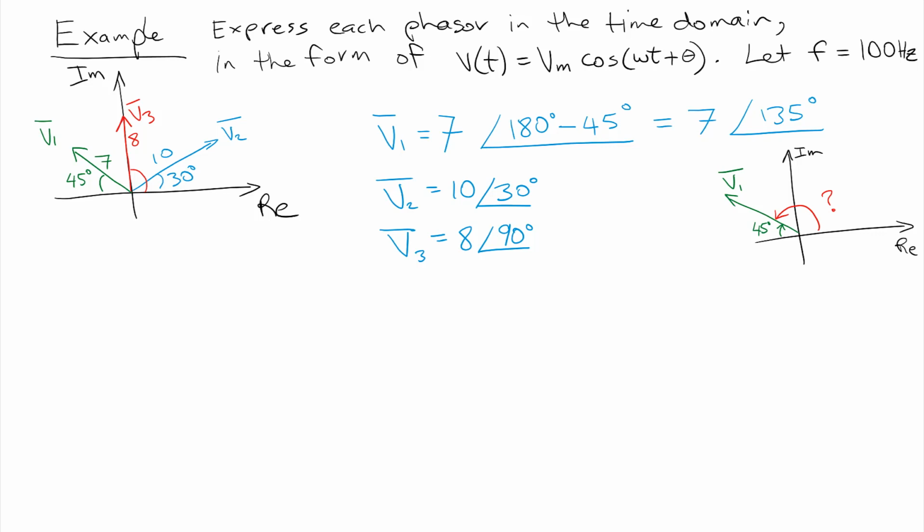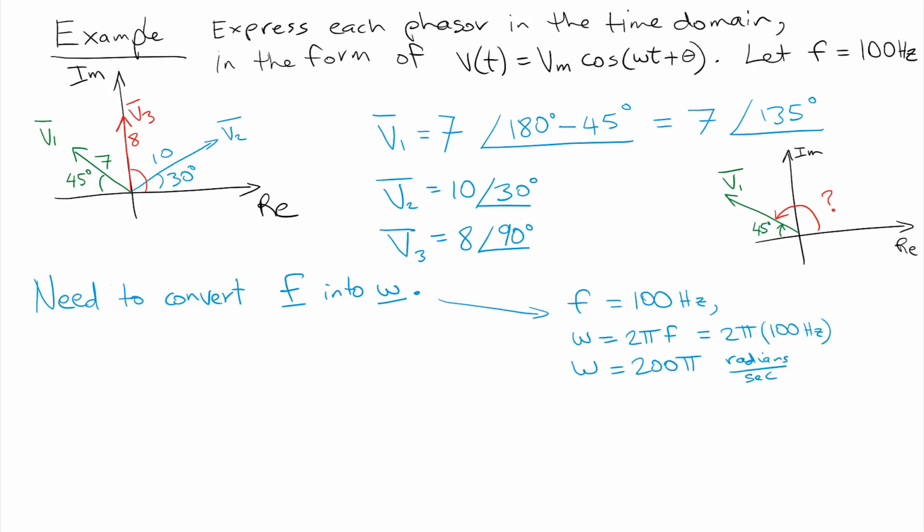So then, to continue the solution, to put these phasors into a time domain format, we need to find a value for omega, and we have to use f to convert to omega.